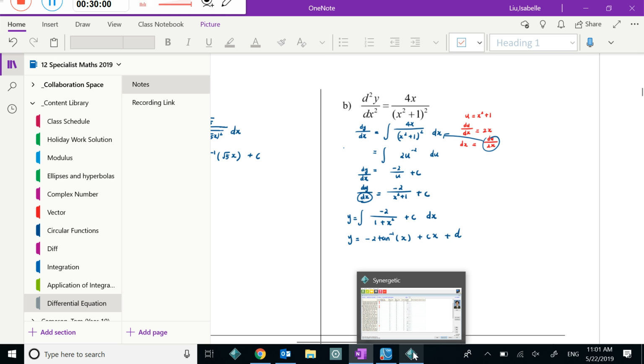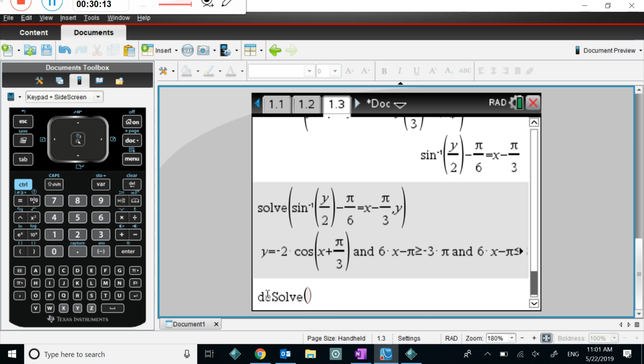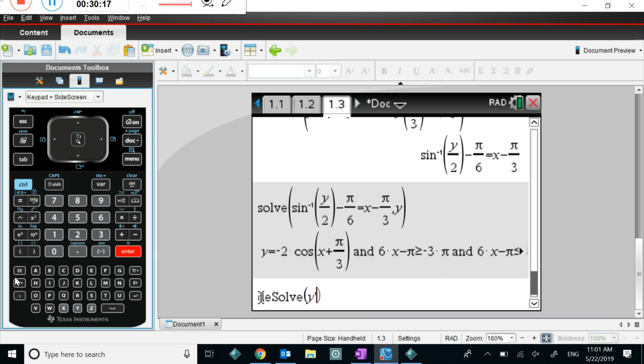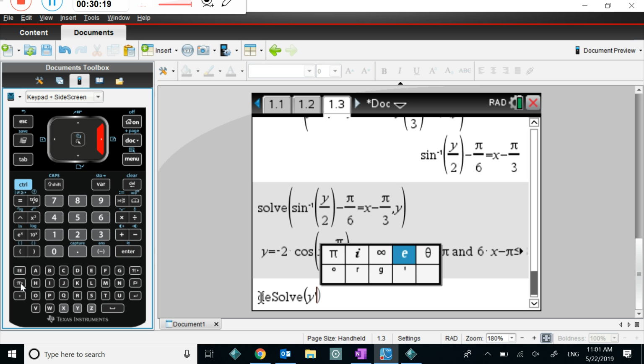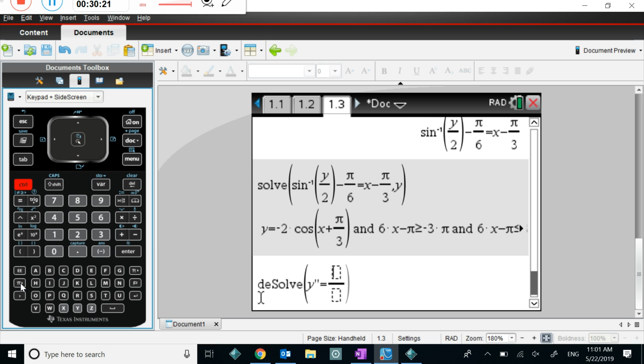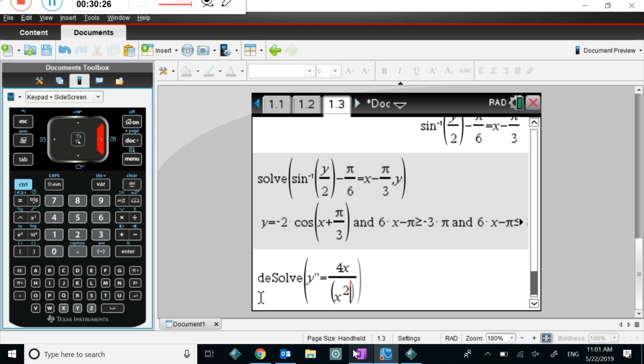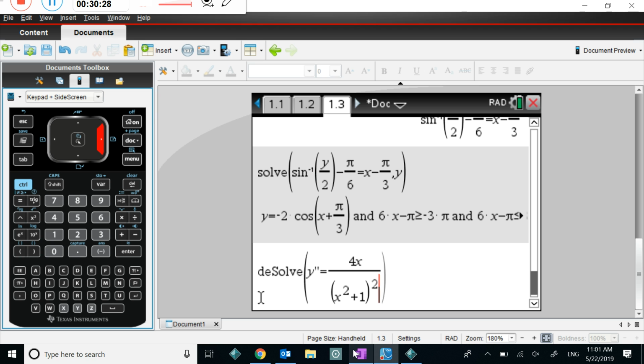Let's think. We have 0, 0 and pi on 4, 1 pi or something. Okay, so y dash dash equals 4x over (x squared plus 1) squared.